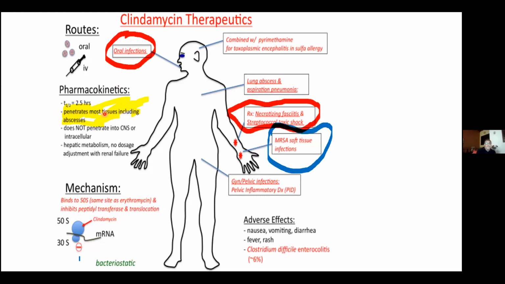So therefore, it has a place in dental infections. It is used in necrotizing fasciitis, because it is effective against MRSA organisms. So it can be used in this severe infection called necrotizing fasciitis, and even MRSA soft tissue infections. You can use this clindamycin preparation.